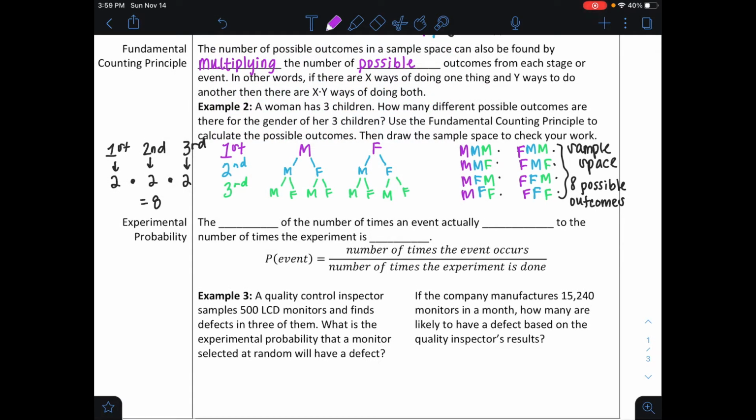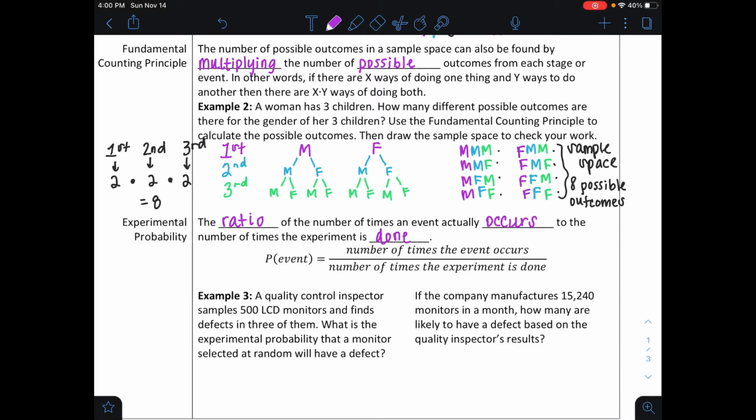Experimental probability. Think experiment. Something is actually happening. It's not like a theory. It's not made up in your head. It's actually happening, or it already happened. Experimental probability is the ratio of the number of times an event actually occurs to the number of times the experiment is done.